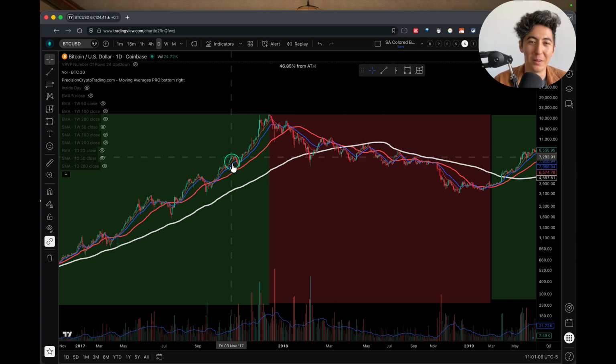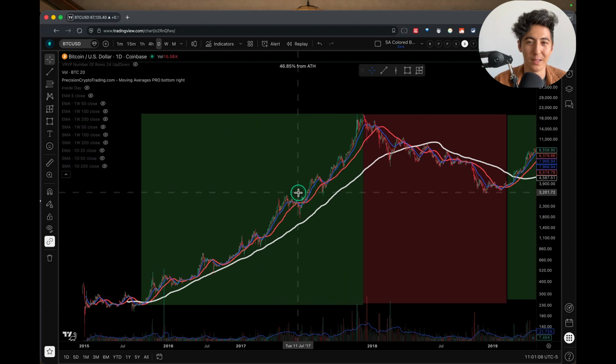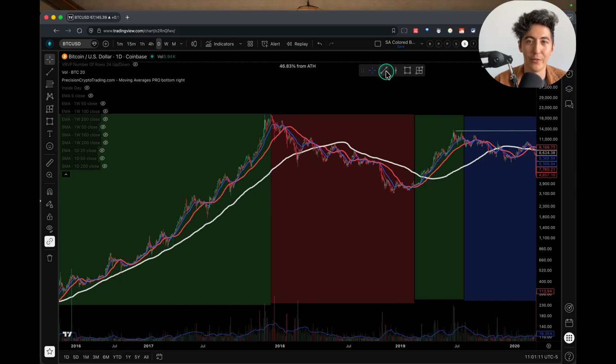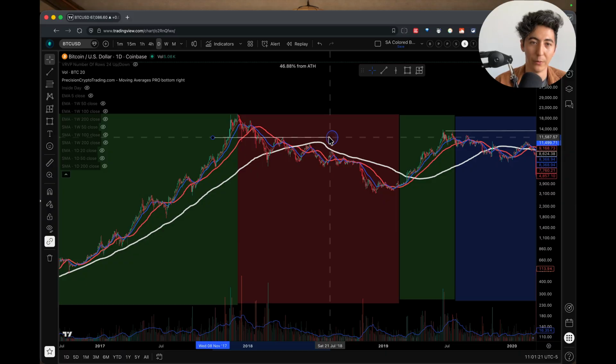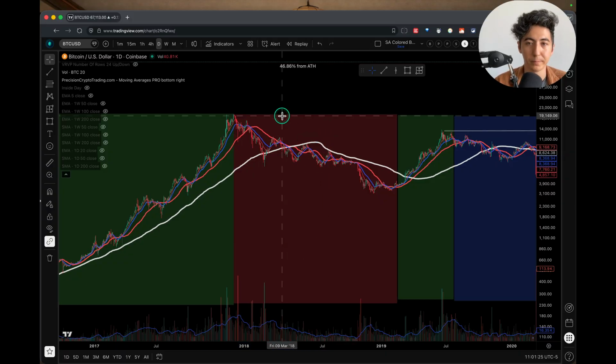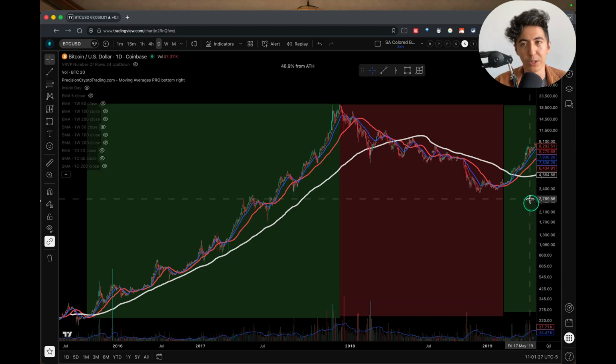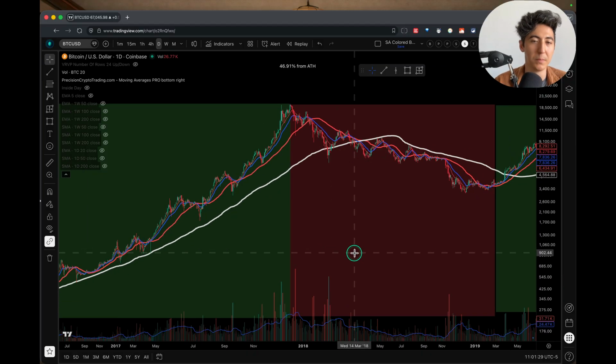But the artistic point with stage analysis is that we have some simple tools that we can use: our volume, our moving averages, and our trend lines, to be able to tell where the different transitions are. And when you first get started, things might be a little bit messy.